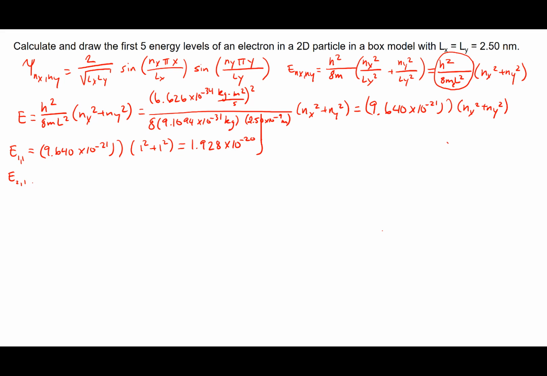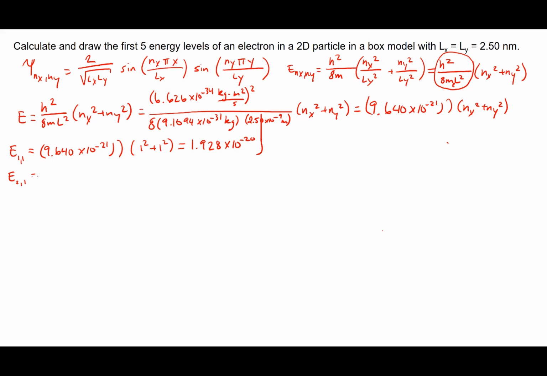Both of those are technically different states, but they're going to be at the same energy, so they're degenerate, because there's no difference in energy between the two combinations. They look different in spatial visualization, but in terms of their energies, they're going to be exactly the same.